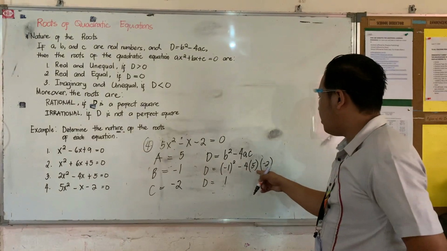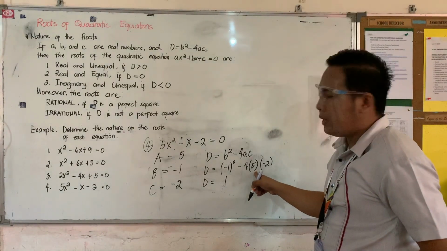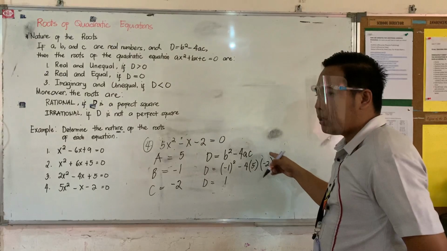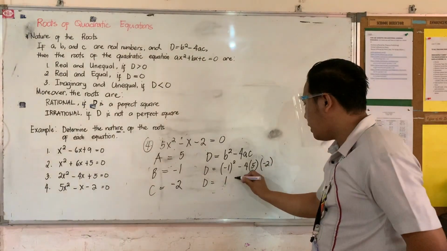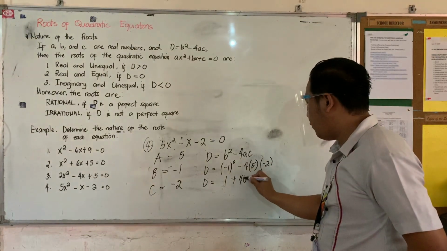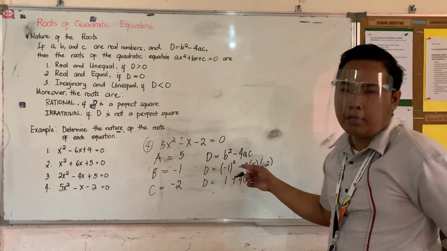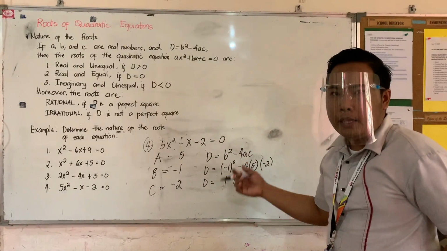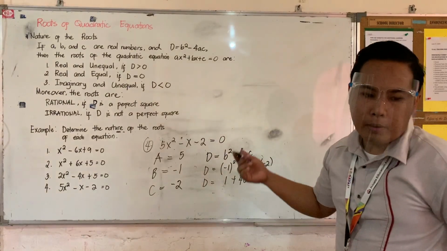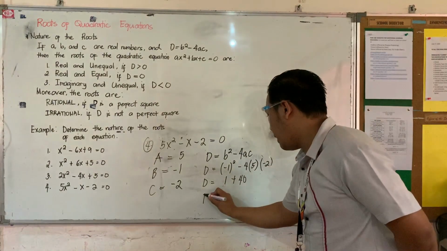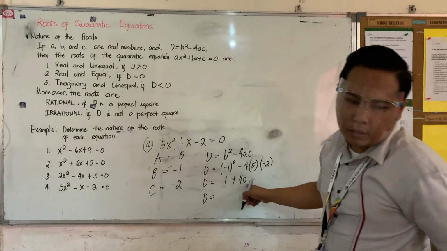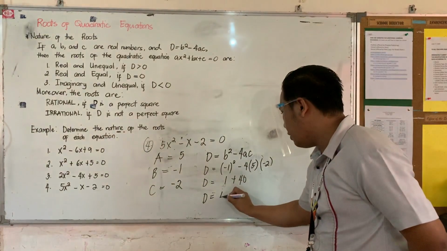Okay, negative 4 times 5 is negative 20 times negative 2 will give us positive 40. Take note, if we are multiplying same sign, most especially if both are negative, the sign of their product would be positive. So therefore, we have discriminant 1 plus 40 will give us positive 41.